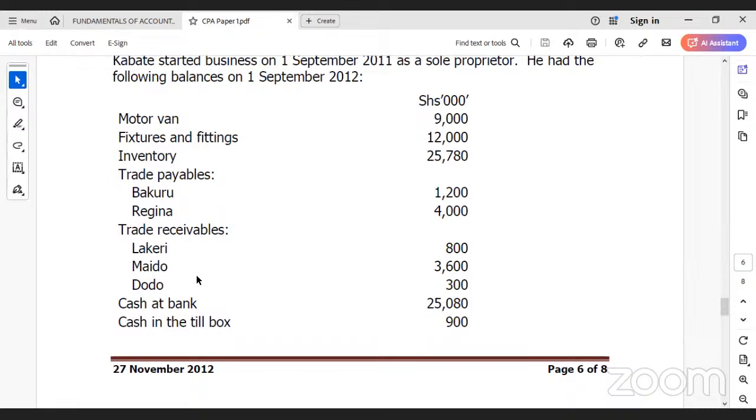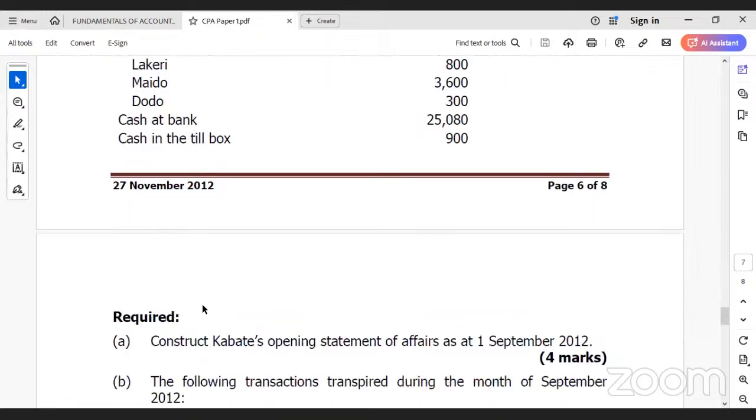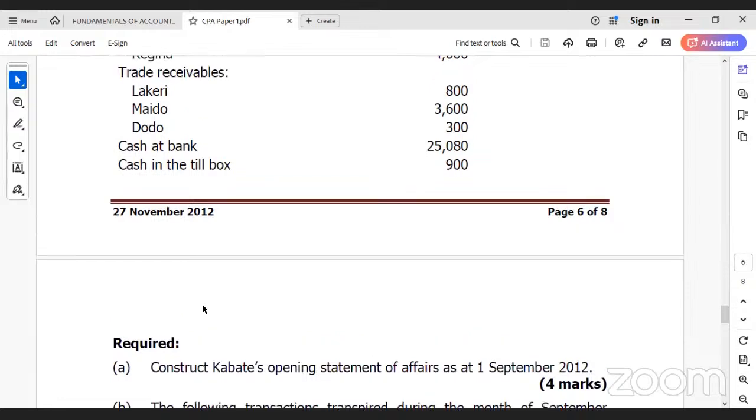we don't have Kabate's opening capital. We don't know what Kabate's capital is as at 1st September 2012. So here they're asking you to construct Kabate's opening statement of affairs as at 1st September 2012.